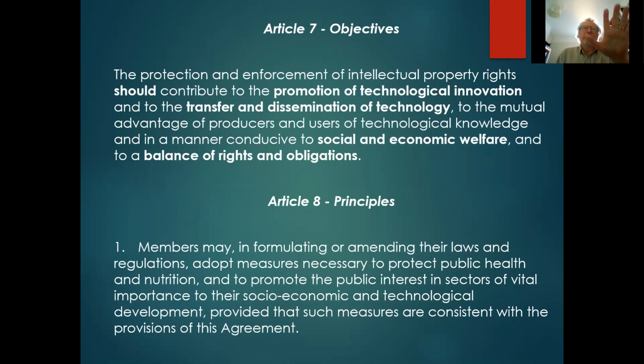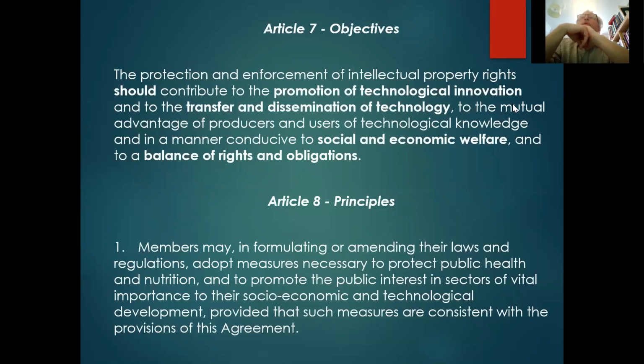So we say these are good things, but this protection and enforcement should contribute to promotion of innovation and to the transfer and dissemination of technology, to the mutual advantage of producers and users of technological knowledge, and in a manner conducive to social and economic welfare, and to a balance of rights and obligation.